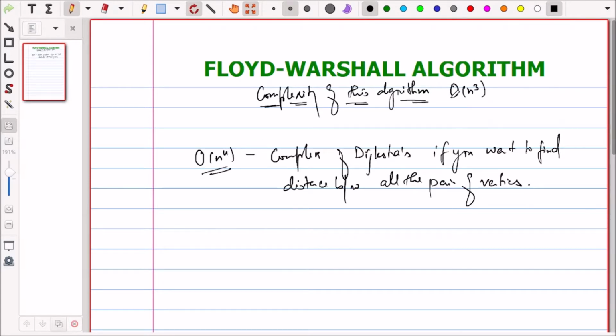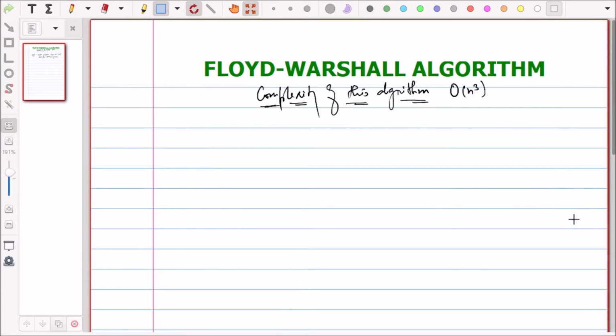But this is still order of n cube. So this becomes a better algorithm when you need to find the distance between all the pair of vertices, because it will take less time in solving any given question. Okay, so let us just start with this Floyd Warshall algorithm.